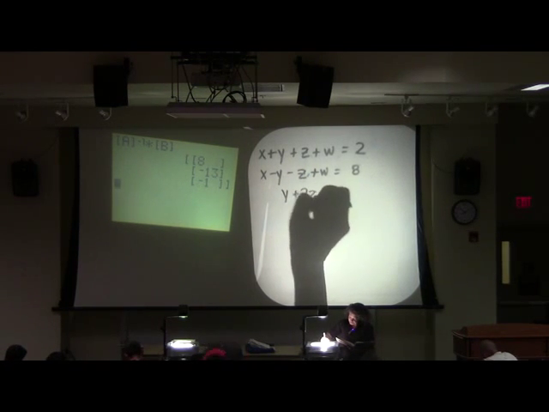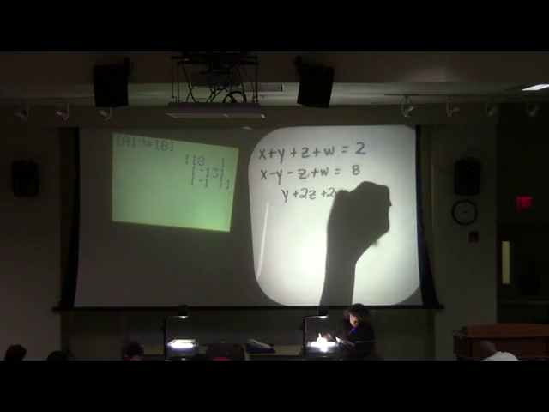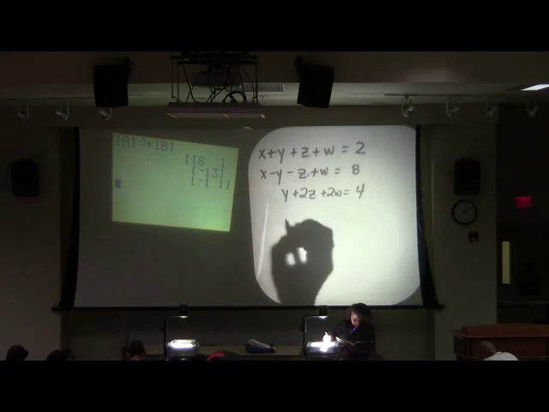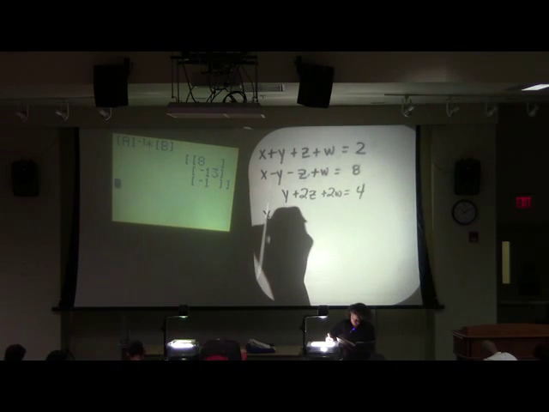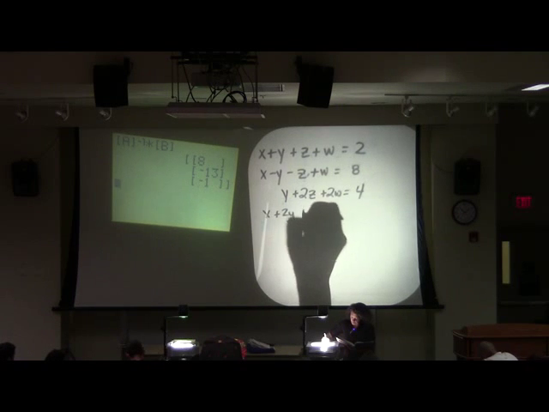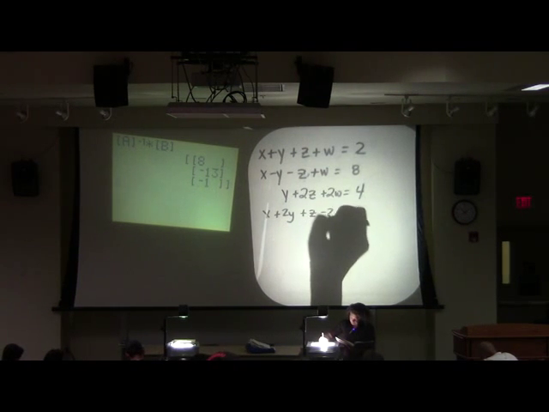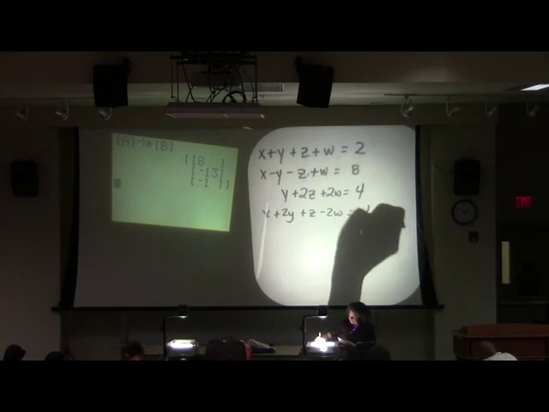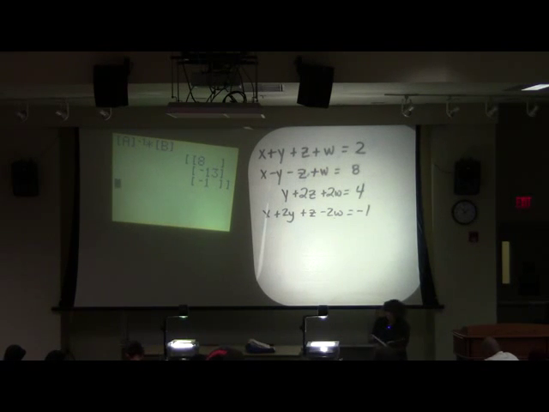Y plus 2z plus 2w equals 4. And x plus 2y plus z minus 2w equals negative 1.